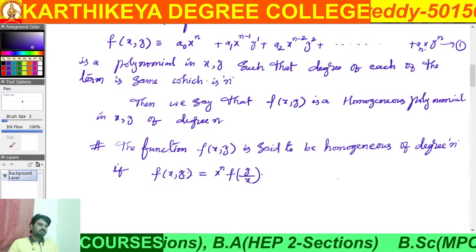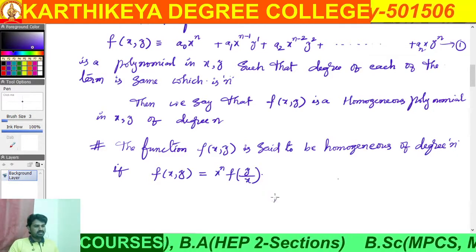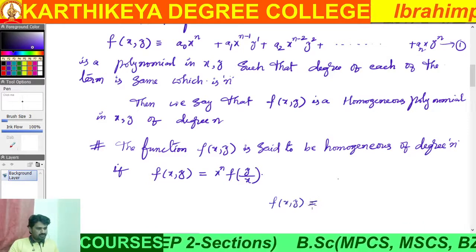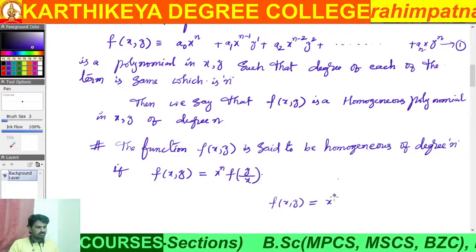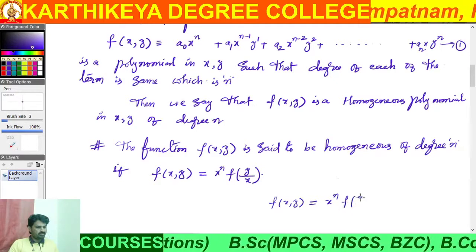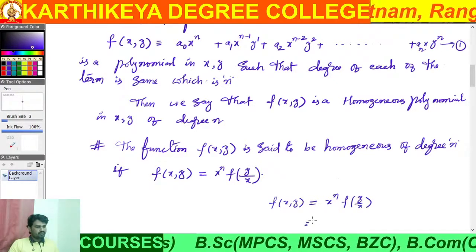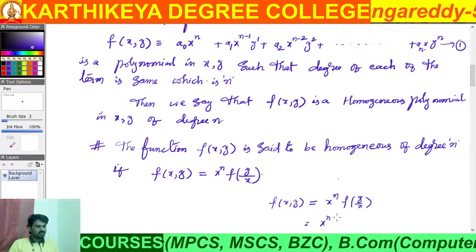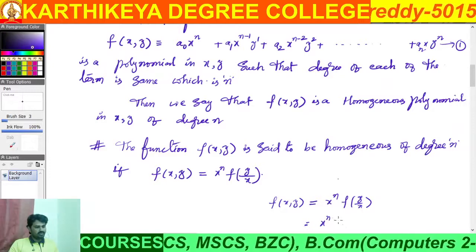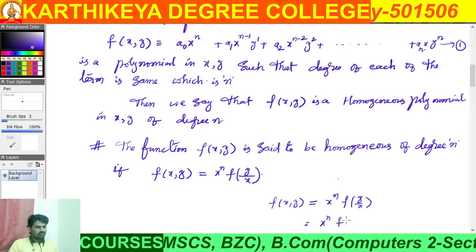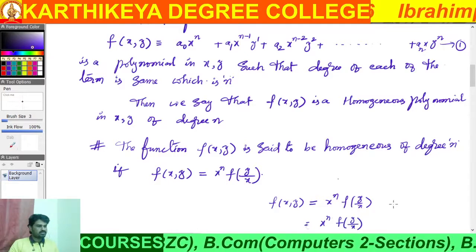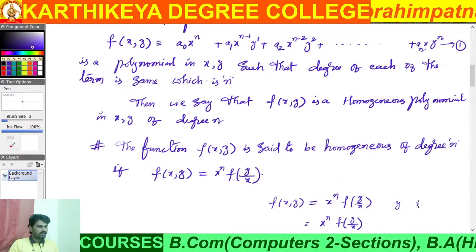Now the meaning is that the function f of x comma y can be expressed as x to the power of n into f of y by x. So first you need to take the highest power of x common. If you take the highest power of x common, the function will be turned into only y by x terms, not y, not x.